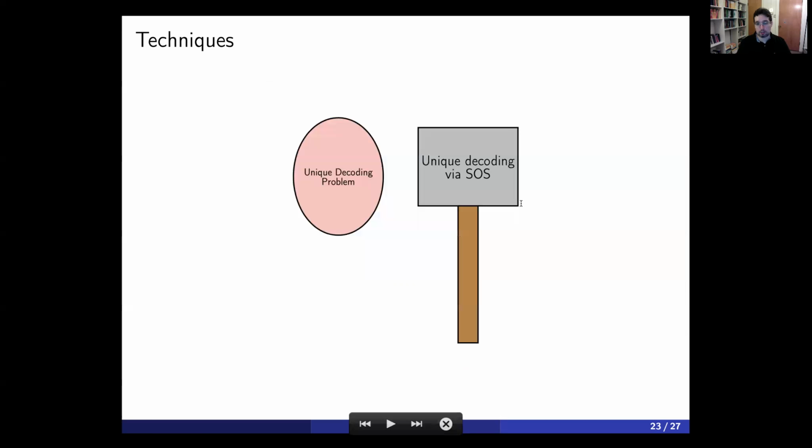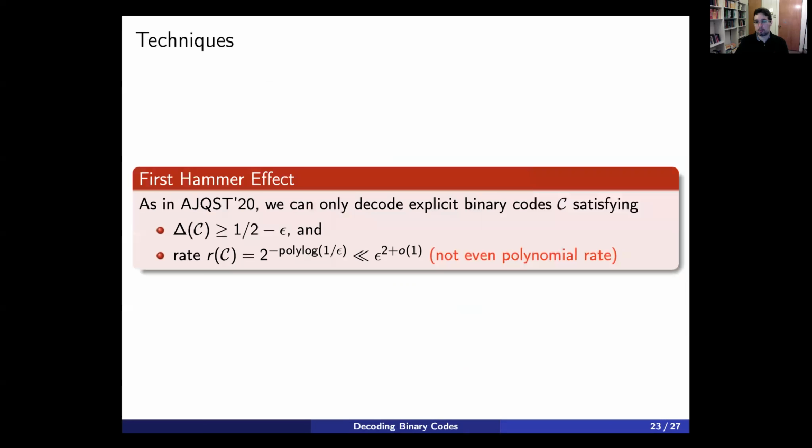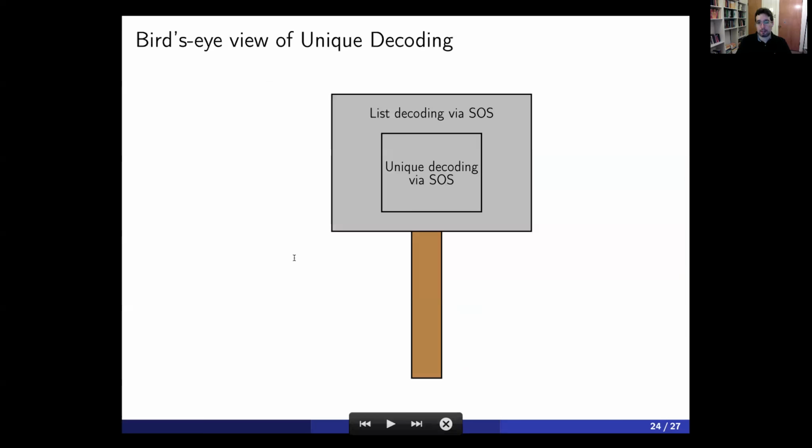Okay. So in terms of techniques, we are going to apply this SOS hammer to our unique decoding problem. Unfortunately, as in the previous case, we will fail miserably. It's still yielding quasi-polynomial rate. Now we also have a list decoding machinery, right?